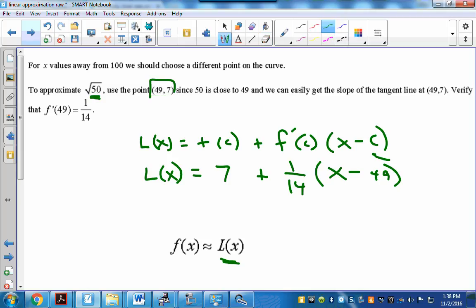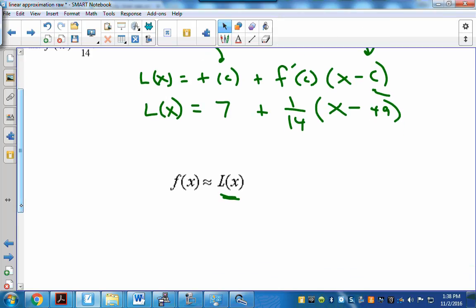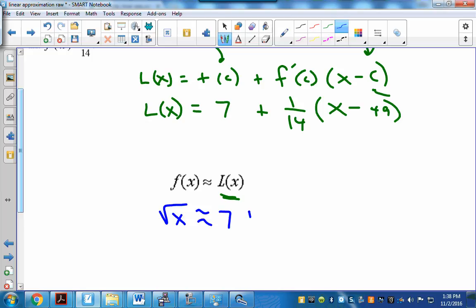Okay. So once you have that, then you can easily write down the equation. The square root of x is about equal to 7 plus 1/14 times x minus 49.